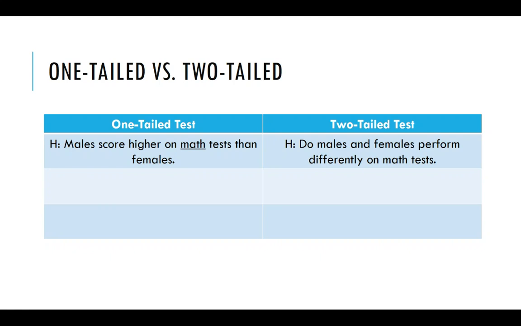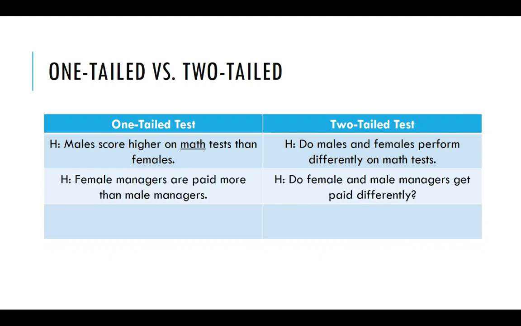I don't know which one would perform higher. And maybe they don't perform differently at all. In a second example, my one-tailed test, I might say, hey, I think female managers are paid more than male managers. And I come in with that expectation. But if I really have a two-tailed hypothesis, I'm saying, hey, do female and male managers get paid differently or not?